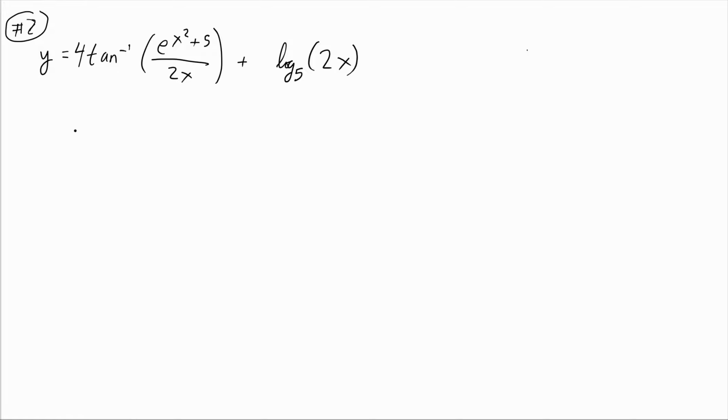So right here, we have 4 times the derivative of this part. We think this is a chain rule: tangent inverse of something. What's the derivative of tangent inverse? It's 1 over 1 plus the inside of tangent inverse, squared.